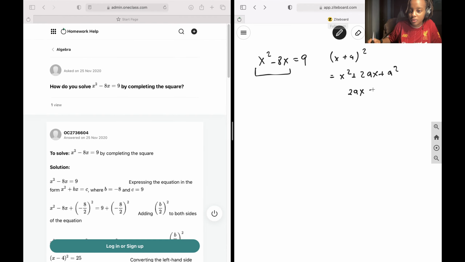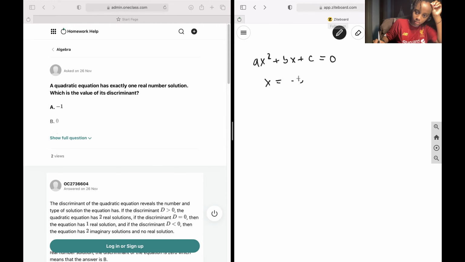So, when I gave the example of the quadratic formula, we learned that x is equal to negative b plus or minus the square root of b squared minus 4ac over 2a.